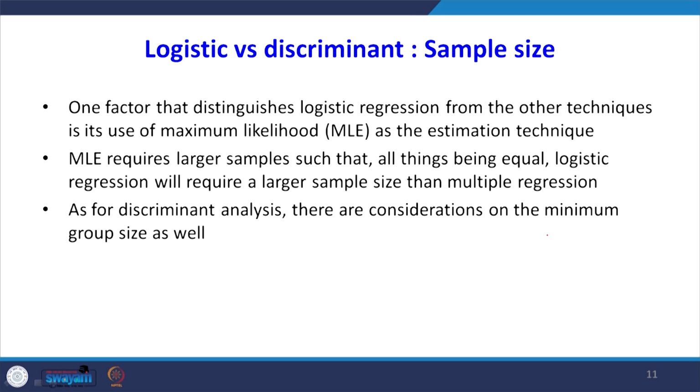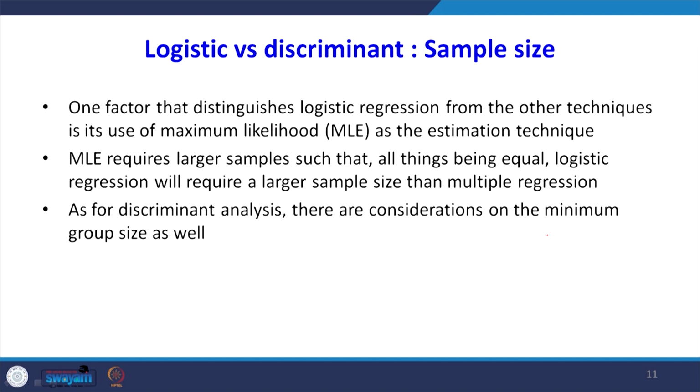With respect to sample size, which is better, logistic or discriminant analysis? One factor that distinguishes logistic regression from the other techniques is its use of maximum likelihood as the estimation technique. Maximum likelihood estimation requires larger samples, such that all things being equal, logistic regression will require a larger sample size than multiple regression.